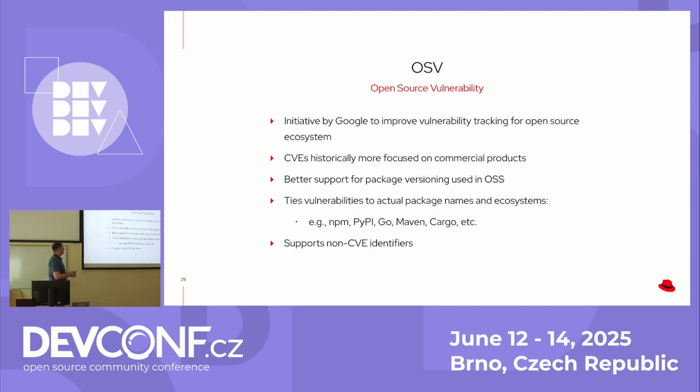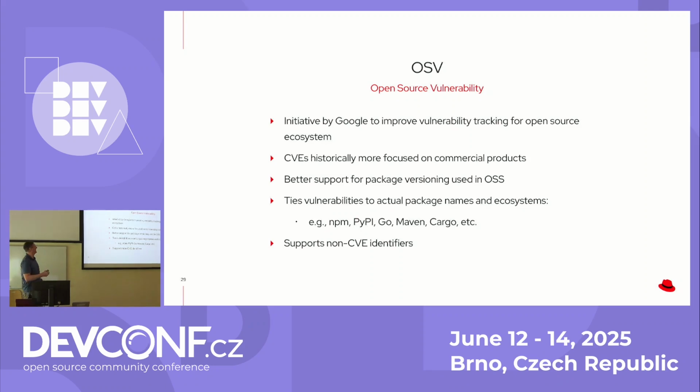We talked a lot about the CVE and the CPEs. It's a good program, super valuable, but it doesn't fit perfectly to the world today of open source. So that's where the Open Source Vulnerability, or OSV, effort comes in, started by Google.